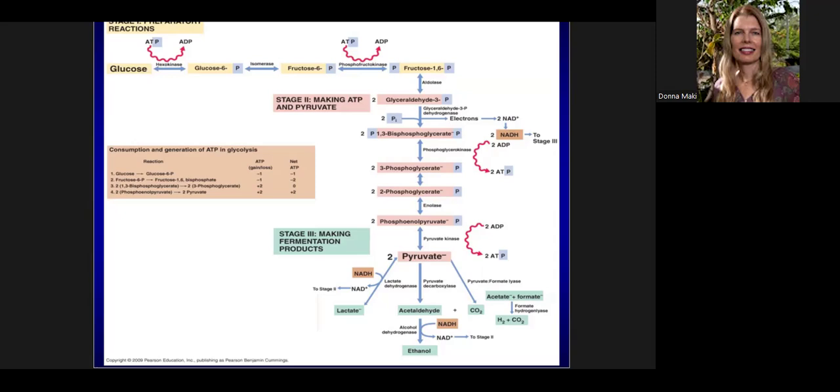All right, and so what they're trying to show is at this step, you get the bisphosphoglycerate donating off a phosphate to ADP, and you get ATP, and then the other product is phosphoglycerate. And then that goes through some reactions until you finally get phosphoenolpyruvate. Now that phosphate off of PEP is going to get given to ADP, get you that lovely ATP, and the other product is pyruvate.